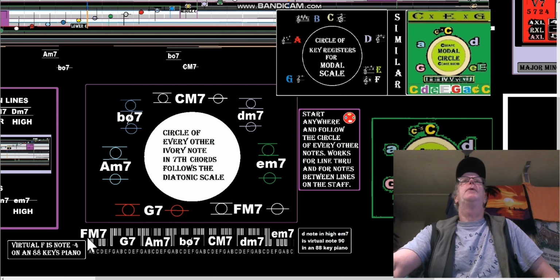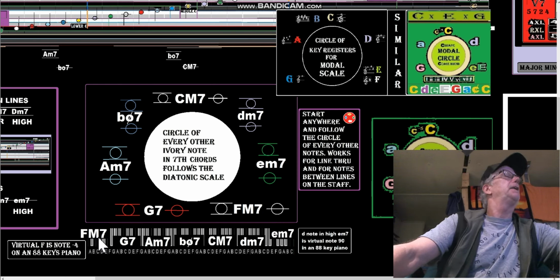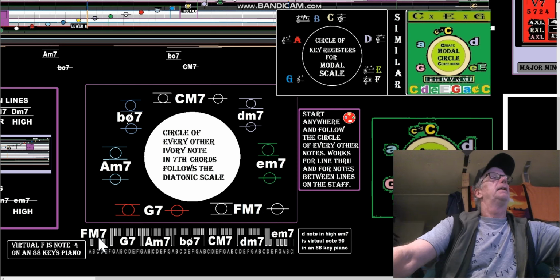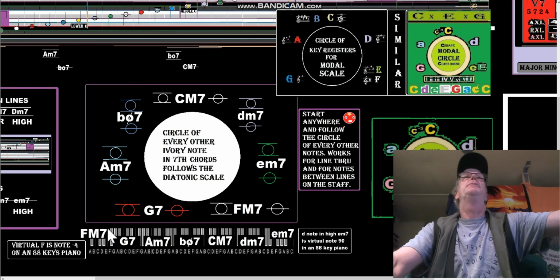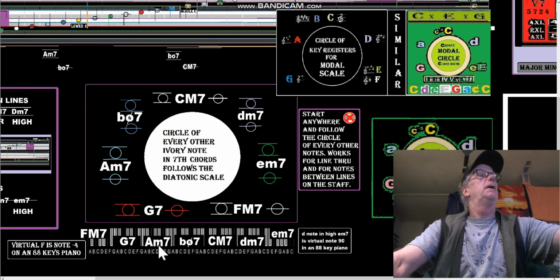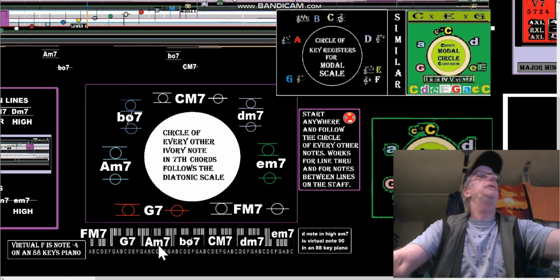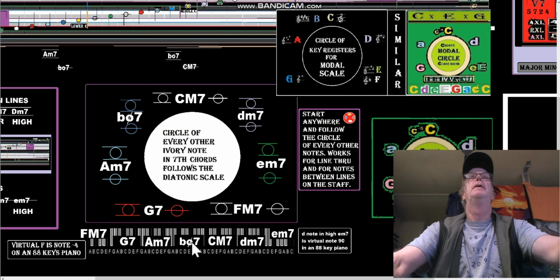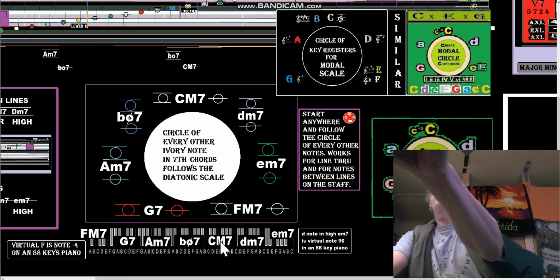So if we start way down here on this F minor seventh, all I'm going to get out of that is the low E of this F minor seventh here, and then I'm going to do my G7, and then A minor seventh, then B half diminished seventh, then C major seventh.